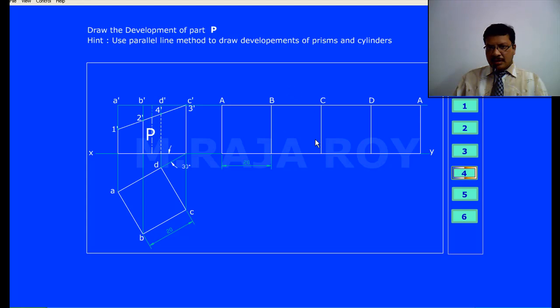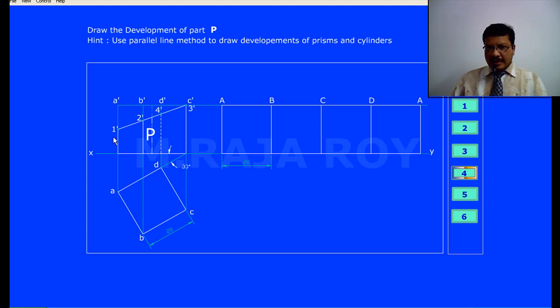Here top base and bottom base, if I omit, automatically by these 4 faces I can get the lateral surface of the cube. That means these 4 faces I will get. I am omitting this one and this one. So lateral surface means all the surface of the solid containing only faces.